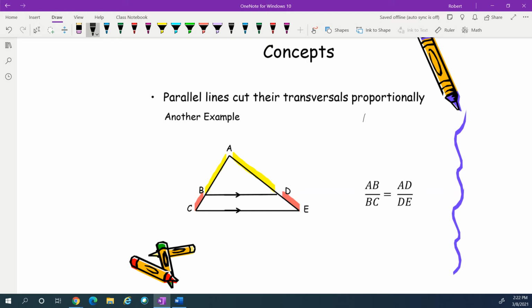So we could do left side of the small triangle over left side of the big triangle, right side of the small triangle over right side of the big triangle.